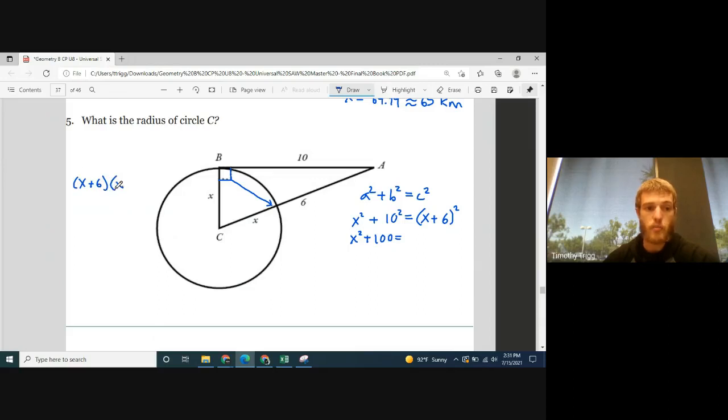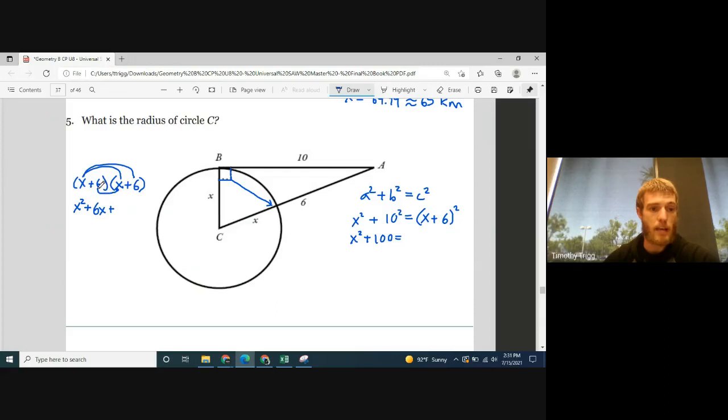So a little bit of algebra here, but we're going to go ahead and multiply these two binomials together. So first we multiply the x times both the terms over here. So x times x, x times 6. So x times x is x squared plus x times 6 is 6x plus, then you multiply the 6 times both terms.